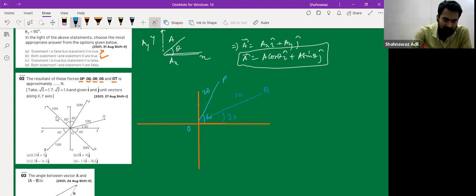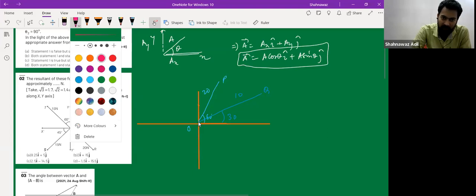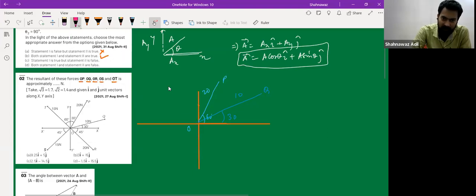And OT has magnitude 15 Newton, and the angle is 30 degree, right, guys?